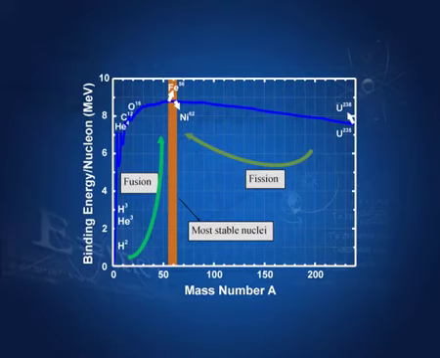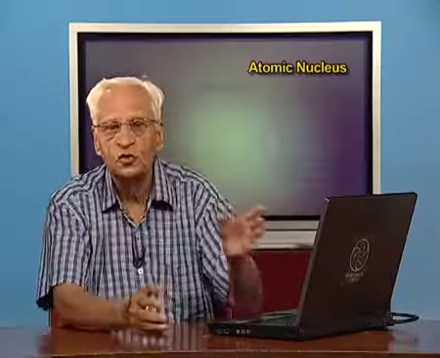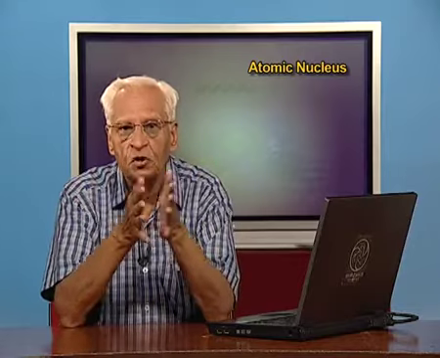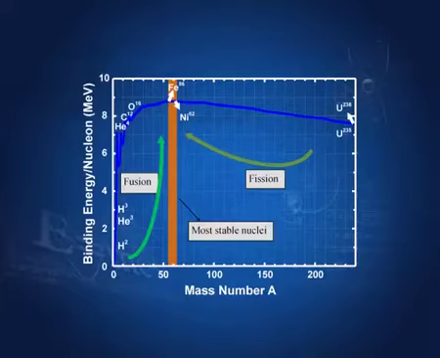On this side also the nuclei are less stable than the nuclei in this band, and therefore, there is a tendency for nuclei on this side to break into two nuclei, and both of them migrate towards this stable region. Here the lighter nuclei combine, the process is called fusion, and the resultant nuclei have higher binding energy per nucleon.